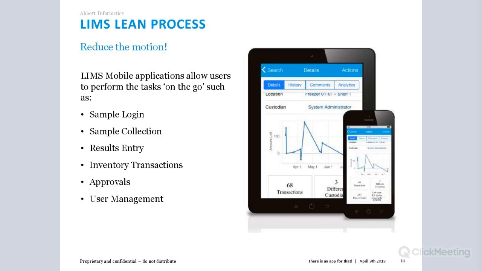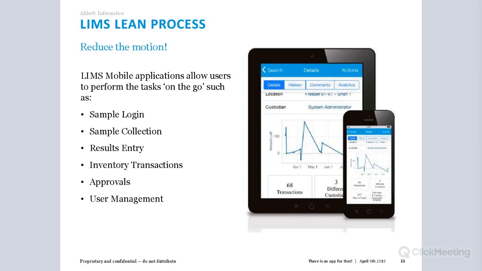A lean laboratory is one which is focused on processes, procedures, and infrastructure to deliver the results in the most efficient way in terms of cost, speed, or better yet, both. The lean process is derived from the concept of lean manufacturing pioneered by Toyota in the 1940s, but it's still relevant today.